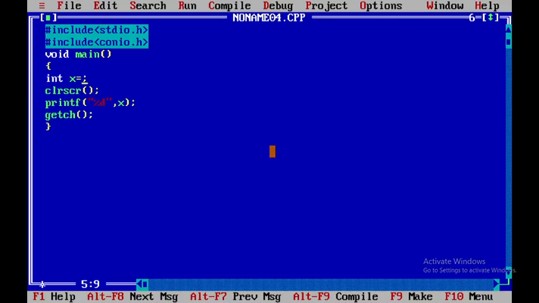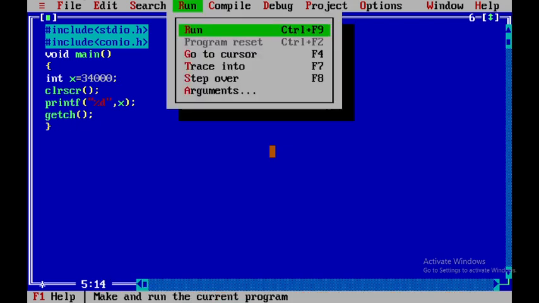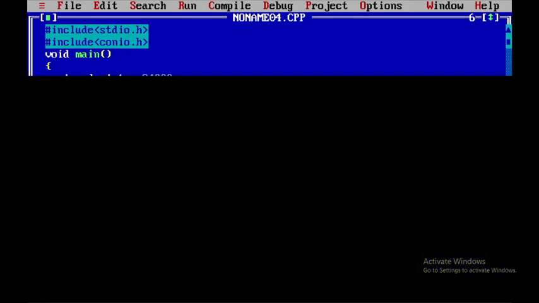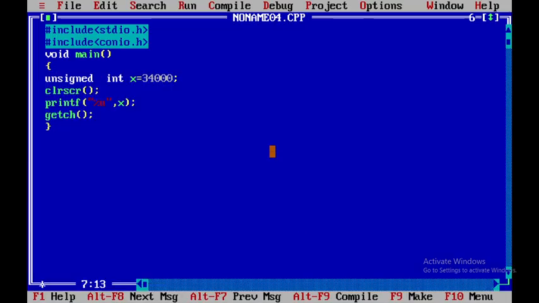Now you can check here: suppose we store 34,000, then it gives a wrong output. But if you use unsigned integer, and here instead of %d write %u, and now if you try to print, it gives 34,000.